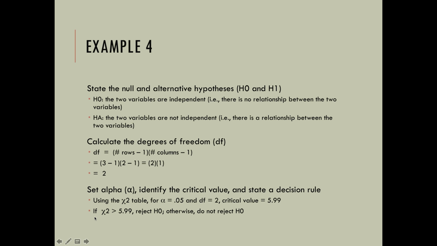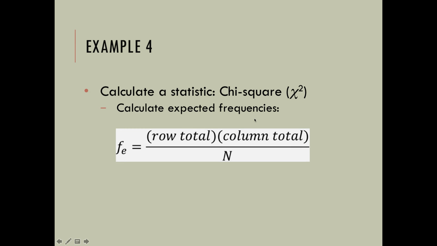So now we're going to say if the chi-square value that we find in our calculation is greater than 5.99, we will reject the null hypothesis. Otherwise, we will not reject it. So now we're going to calculate the expected frequencies: the row total, the number all the way on the right of the table, times the column total, the number on the bottom, divided by the total number in the sample.